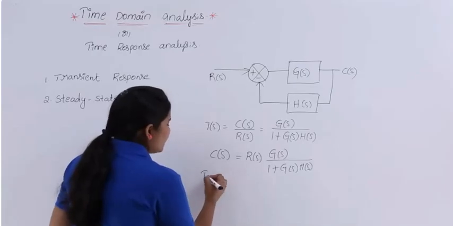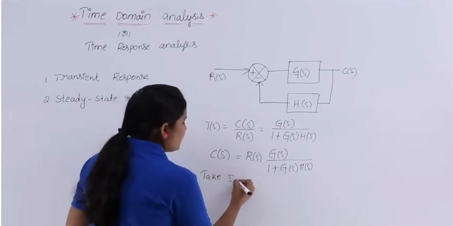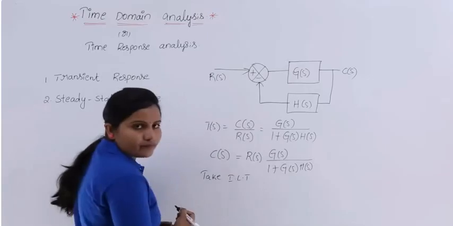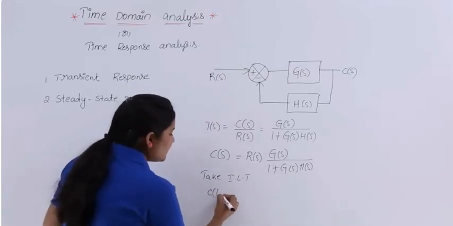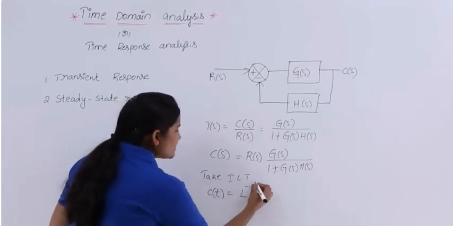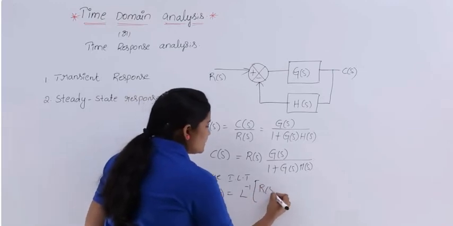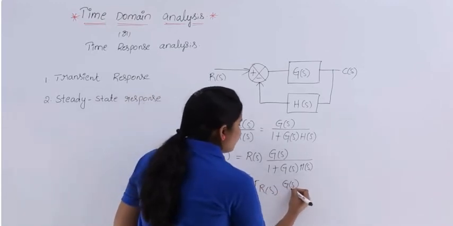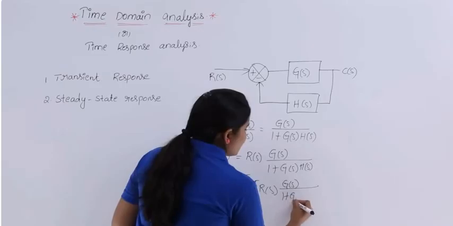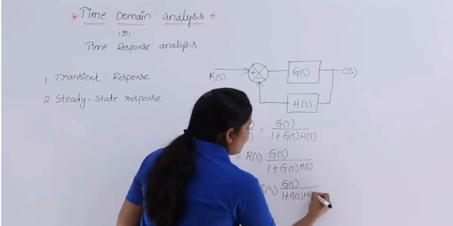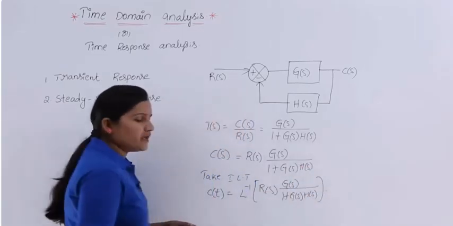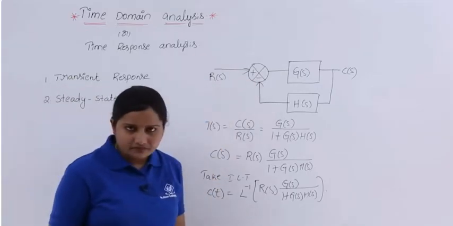For that, take the inverse Laplace transform on both sides. You will get C of t equal to the inverse Laplace transform of R of S into G of S divided by 1 plus G of S into H of S. In this way, we can get the time response of this system.